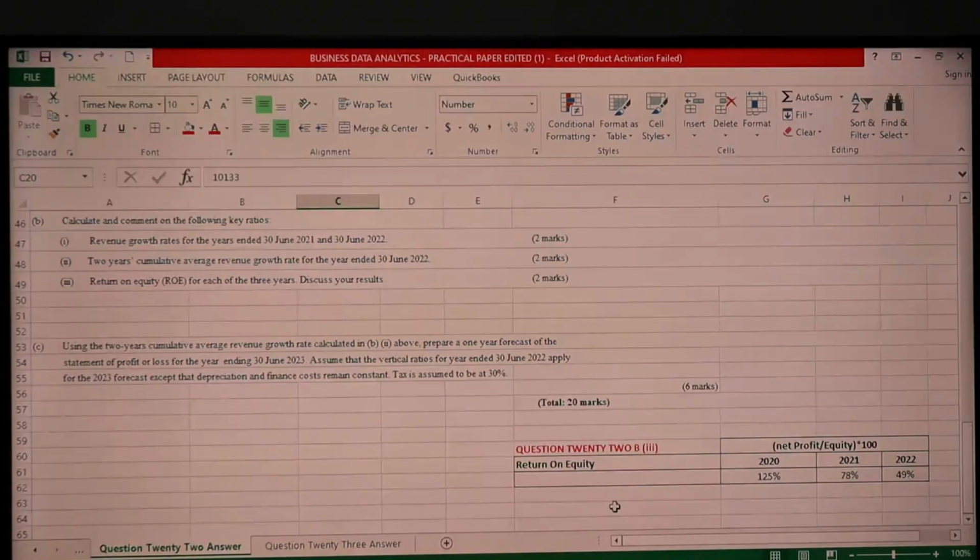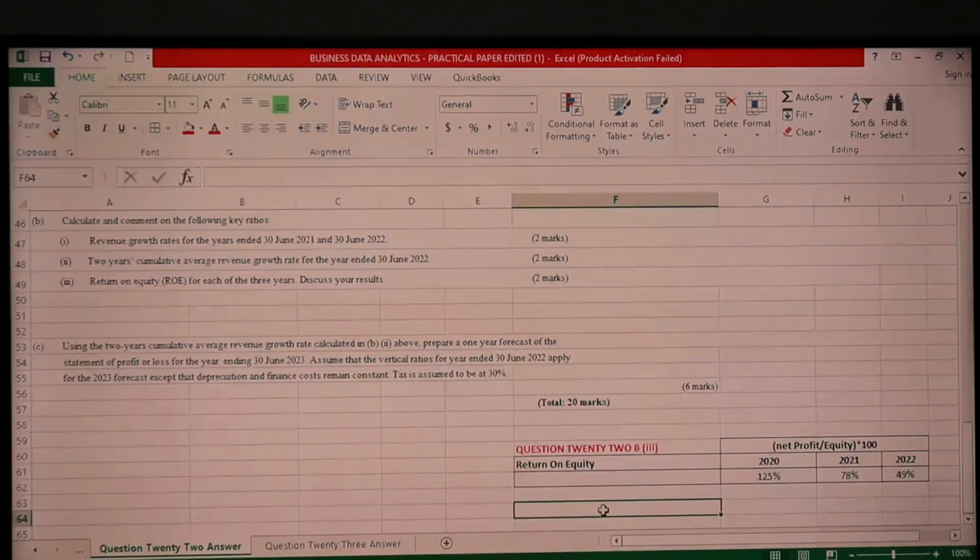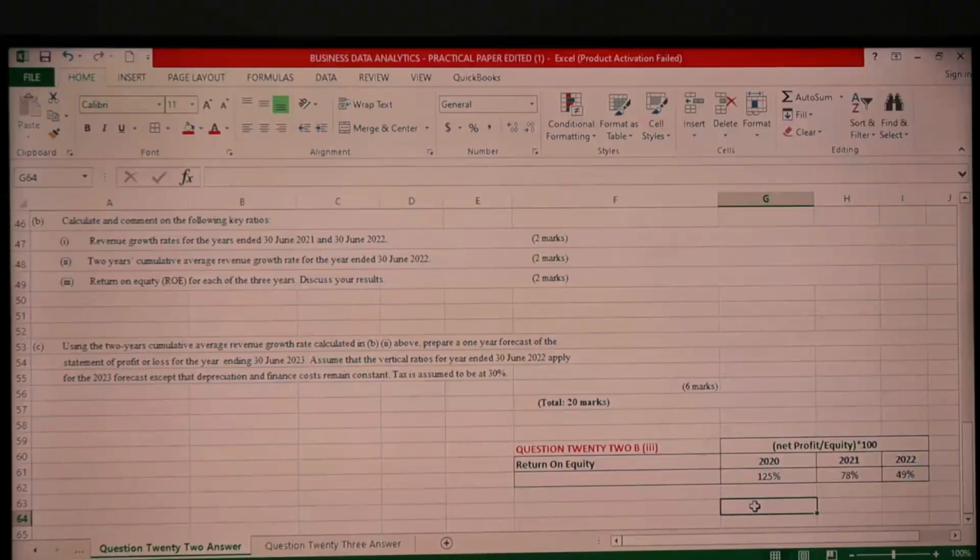someone is asking how do you write the comment on the growth rate that is on the return on equity. What do you say about this? We say that the return on equity is actually the return on investment. That is what we got after investing our money in this business.